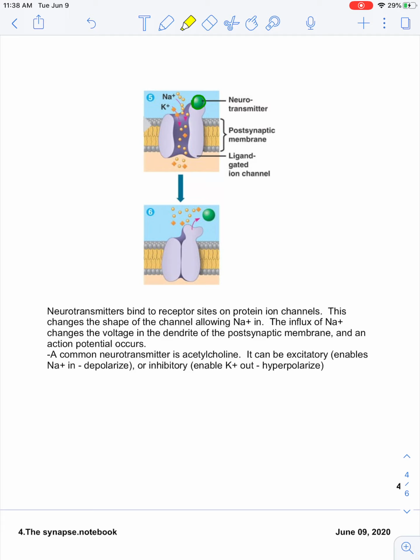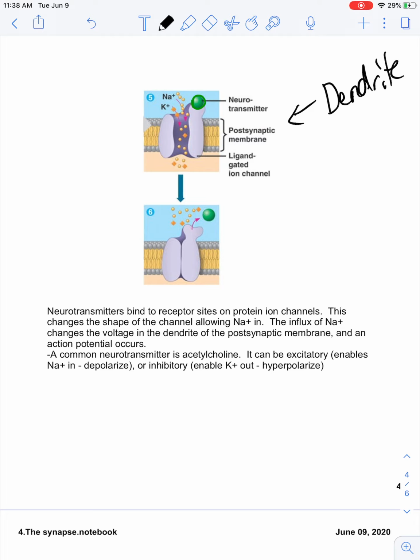So once we get to that endpoint, this is just a little blow up of the dendrite on the postsynaptic neuron membrane on that second neuron. So it's just showing you what happens here.